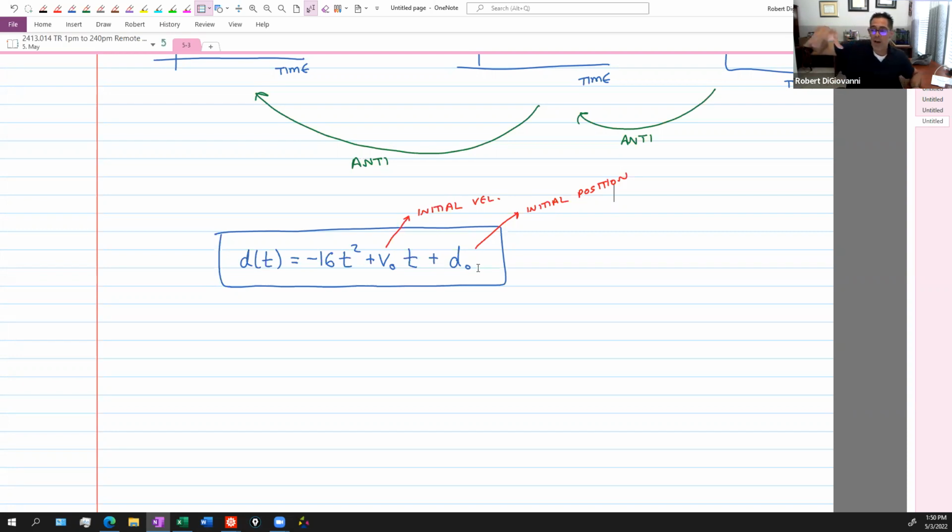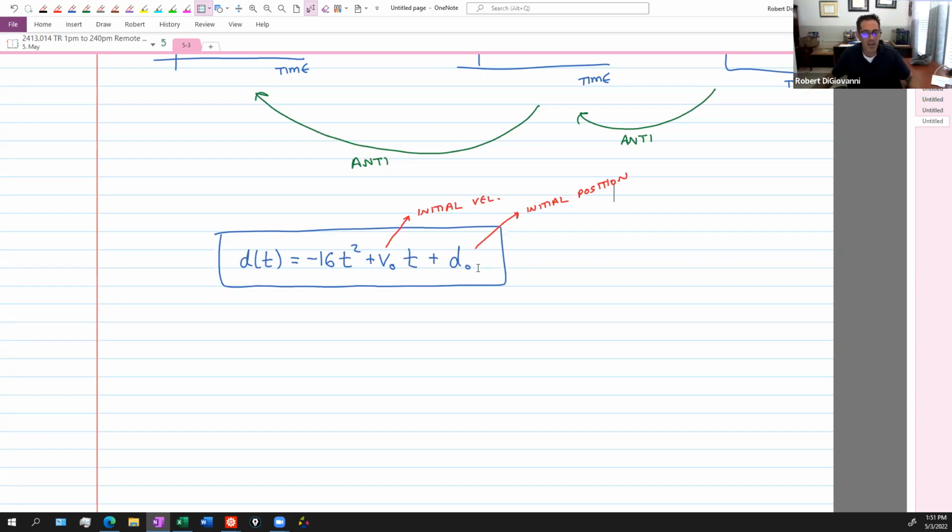When you take a rock and drop it, the only force acting on that rock as soon as you let it go is gravity. And gravity is pretty much constant. We're not going to get into real technicalities, but if we're somewhere reasonable near sea level, gravity is pretty constant.